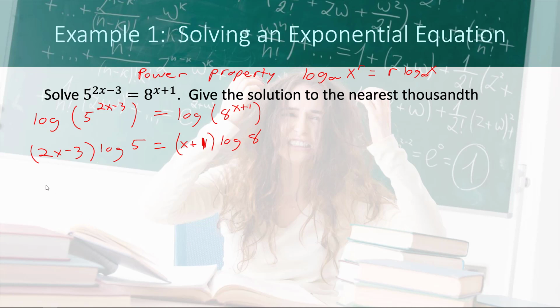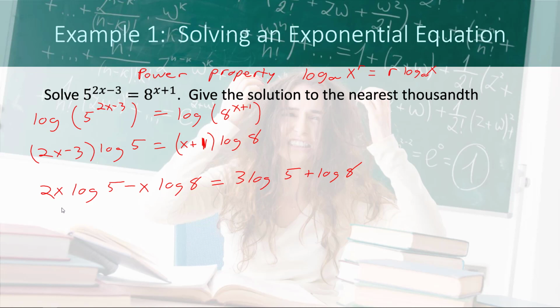So we can do some manipulation and we will have 2x log of 5 minus x log 8, and that will be equal to 3 log 5 plus the log of 8.